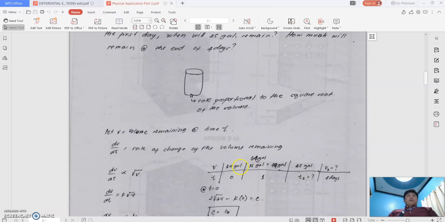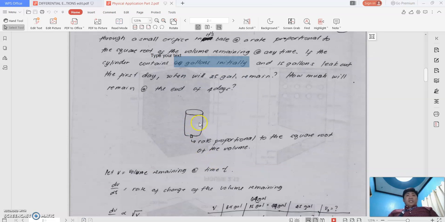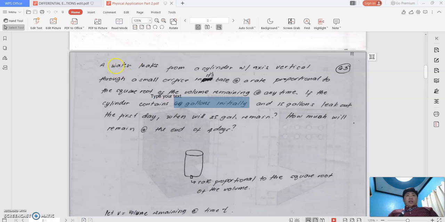Okay, so now let's try to solve it. The one that changes within this container is the volume. We don't know the water, so it is the volume of water inside. Let's assume this is a water jug, a very big water jug because it will last for many days.